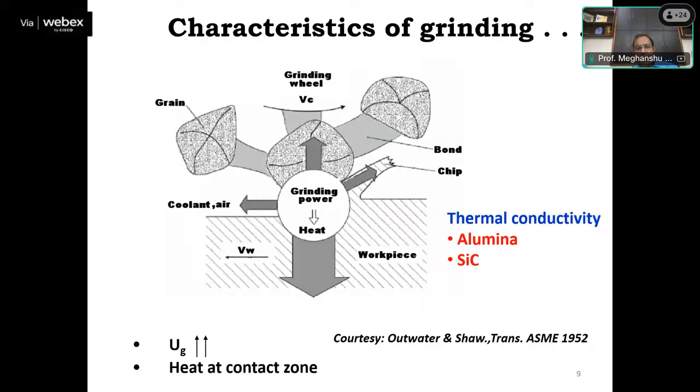So in case of machining or grinding, this large amount of heat is conducted into the abrasive grit, into the grinding chips, and into the workpiece. And some amount of heat is transferred to the air or coolant through convection or radiation.